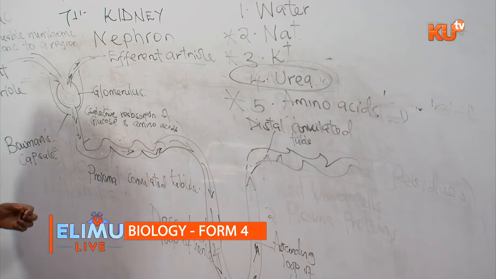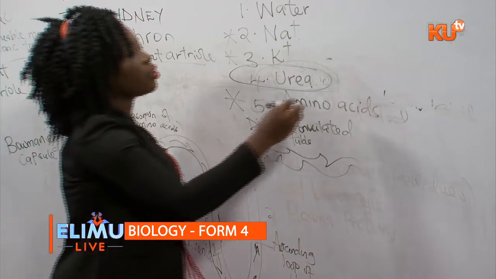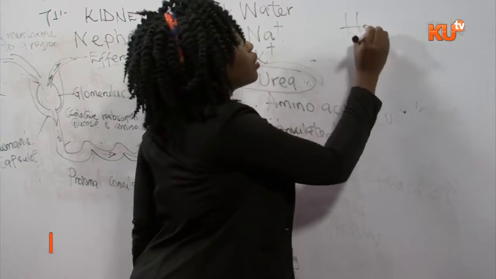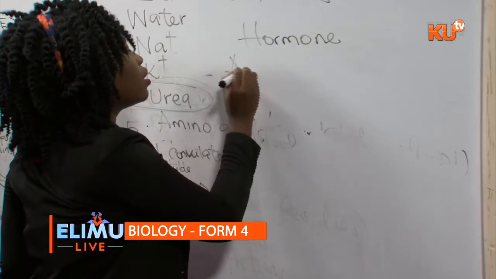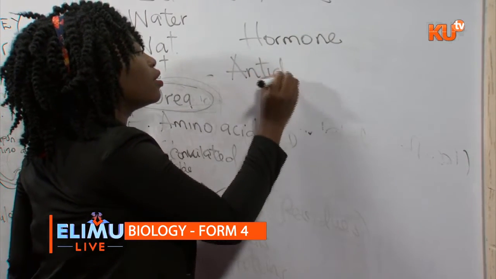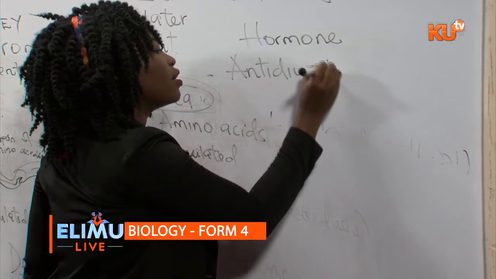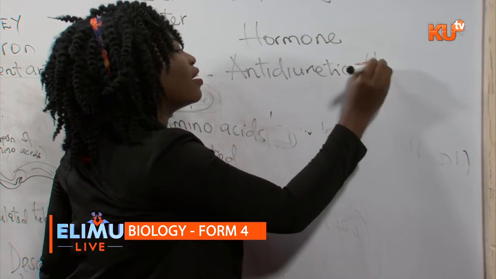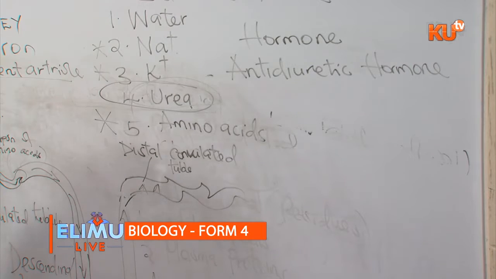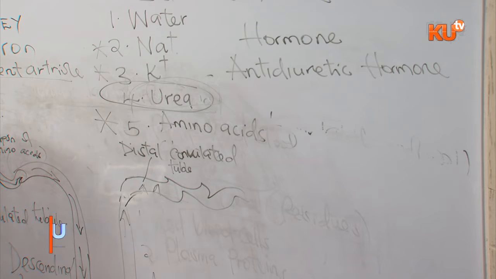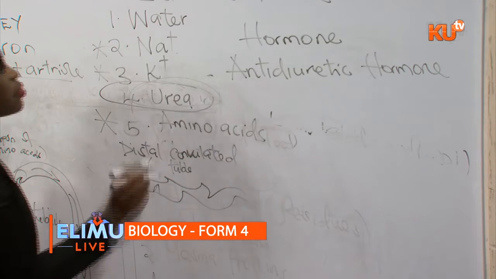This is aided by a hormone called the antidiuretic hormone, which is produced to help in the dilution of urea.